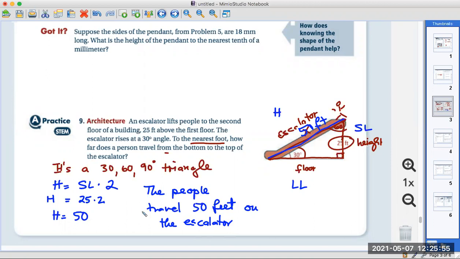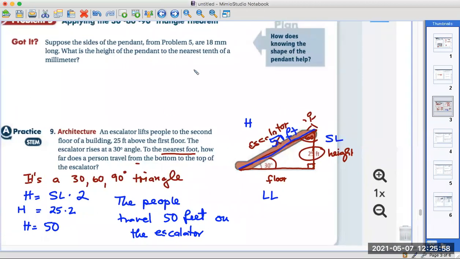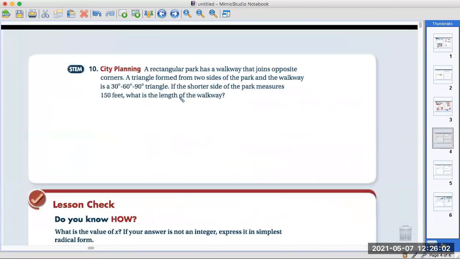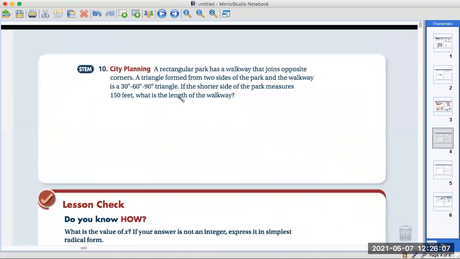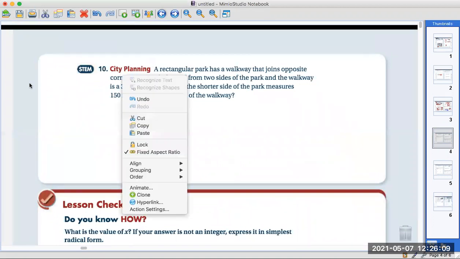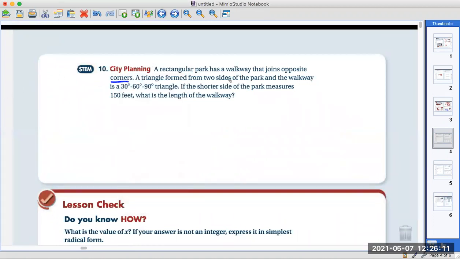We have a lot of applications of right triangles in life where you don't even think about it, but they are there. So on this one on top, city planning, it's another one, 432. A rectangular park has a walkway that joins opposite corners. If it's a rectangular park, I draw a rectangle, and I haven't even read the question. I already know that it's something with a rectangle. The walkway joins opposite corners, so it's a right triangle.